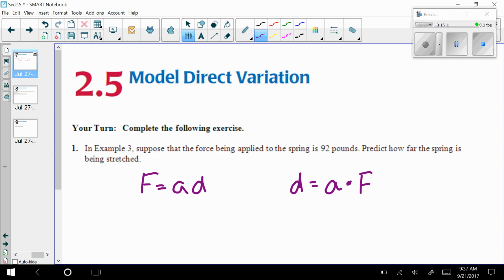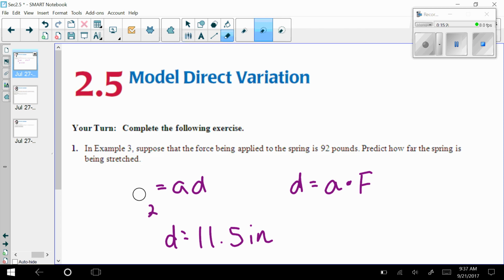And either way, when you do that, you should get the distance equals 11.5 inches. So if you use the first model, your force is 92 pounds. Just rewrite this.